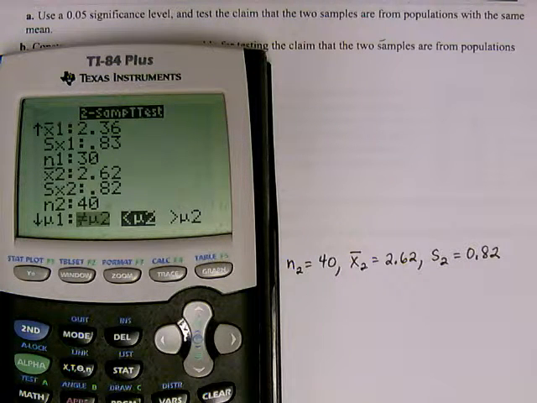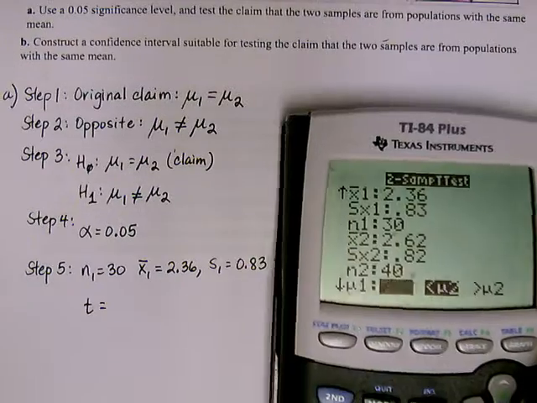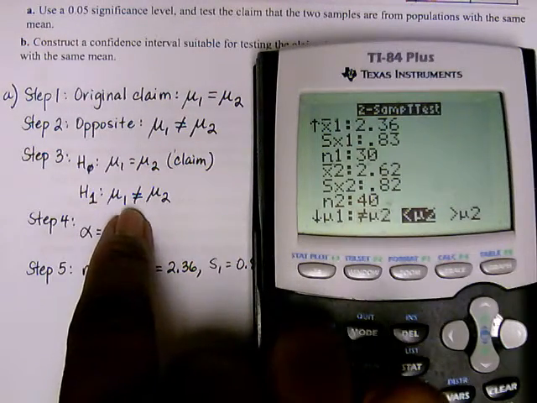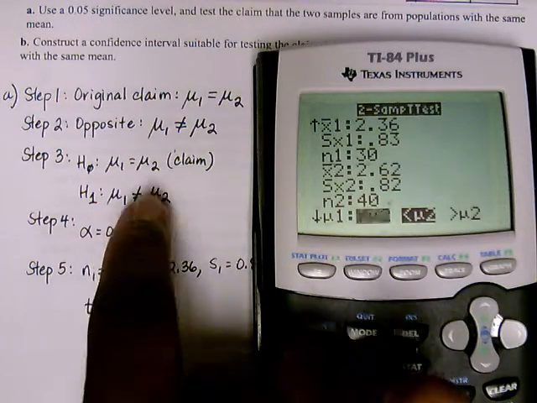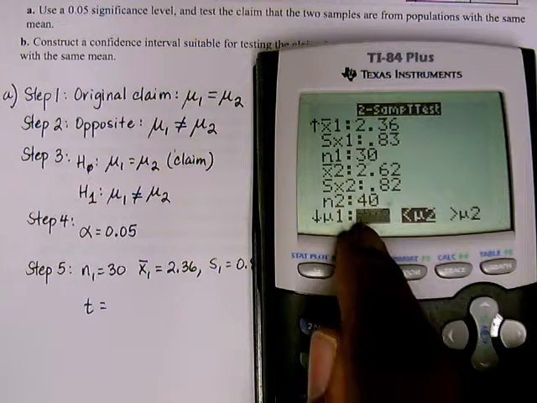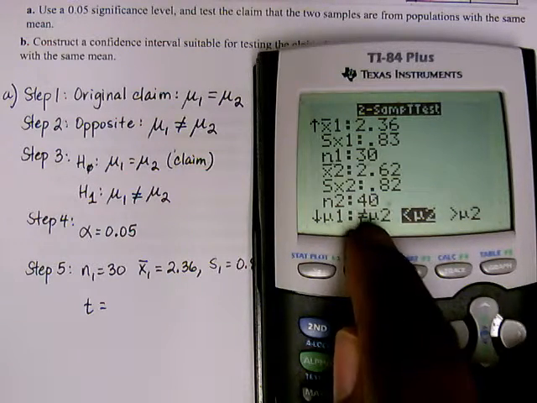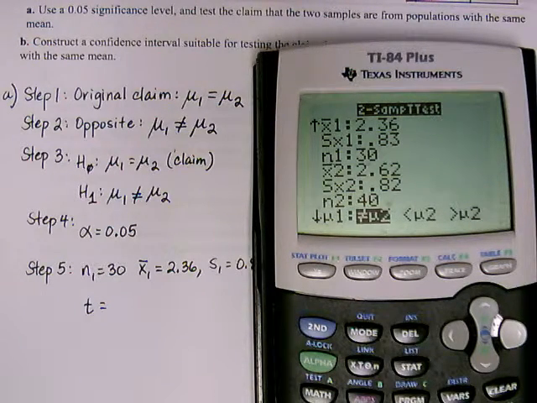Now for mu sub 1, we've got three options: not equal to mu sub 2, less than mu sub 2, or greater than mu sub 2. You have to look at your alternative hypothesis to determine which one to use. In this case, your alternative has not equal to in it. So we need to highlight the one that says not equal to mu sub 2. Put the cursor on not equal to mu sub 2 and hit enter to highlight it.